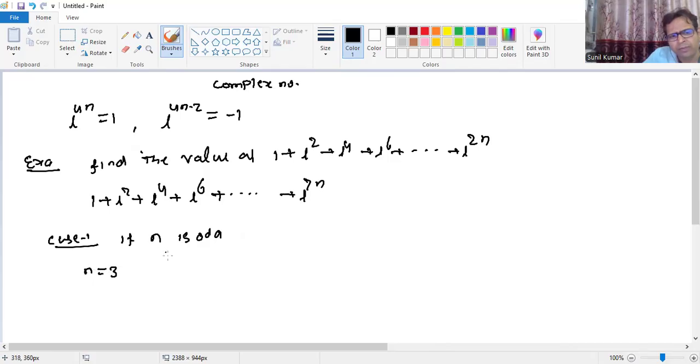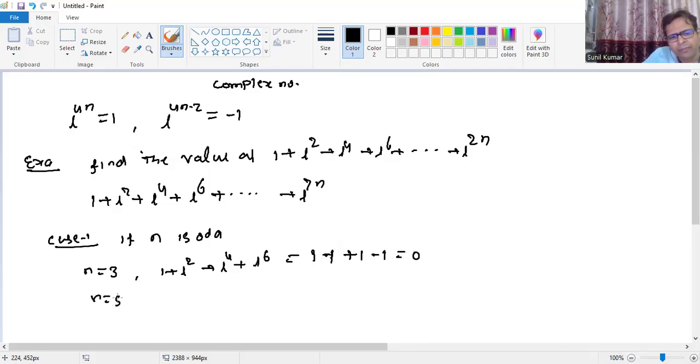Suppose n is 3. We get 1 plus iota power 2 plus iota power 4 plus iota power 6. We know that i square is minus 1, i power 4 is plus 1, and i power 6 is minus 1.